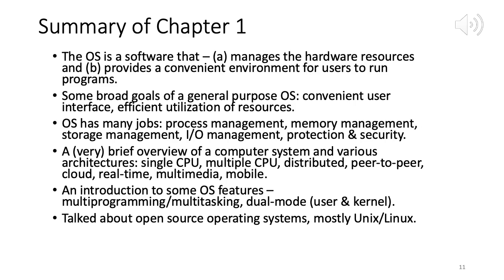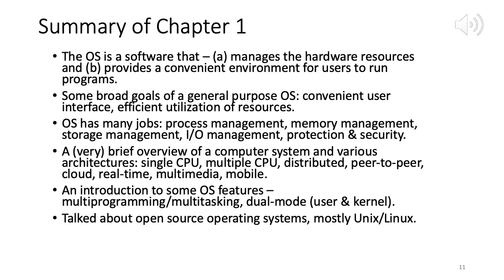The operating system is software that manages the hardware resources among many applications that are running, and provides a convenient environment for users to run programs. If the operating system layer was not there, then programs would have to run directly on the hardware, which is very difficult and very tedious.